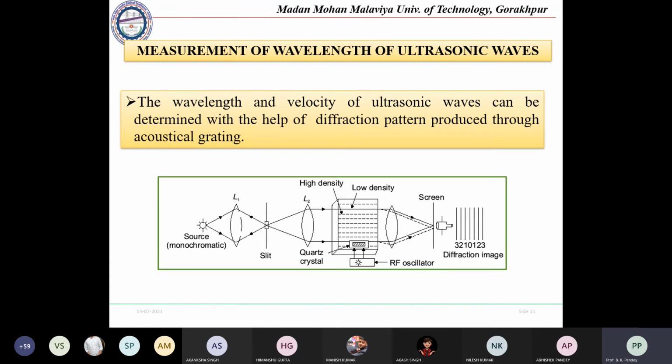Now this is the property of a wave. When it passes through a grating of a dimension of the order of the wavelength, there will be diffraction. So what has been placed here?